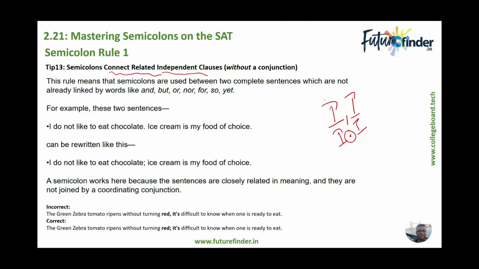Yes, it is. But what happens if the independent clause is sometimes closely related to the second independent clause? In that case, we generally use a semicolon, never a comma, because if we use a comma, then it becomes a comma splice error. So we use a semicolon always between two independent clauses.